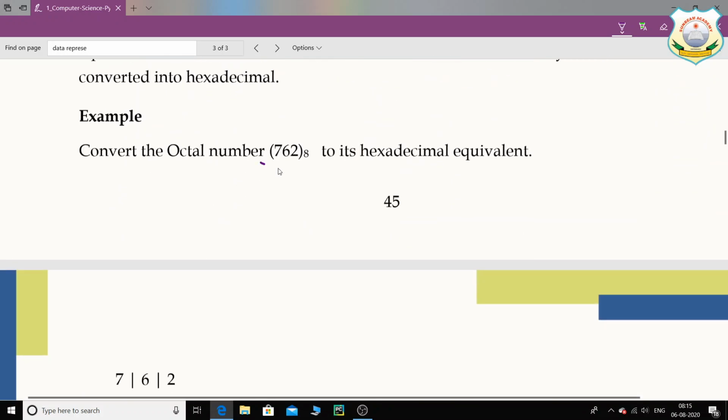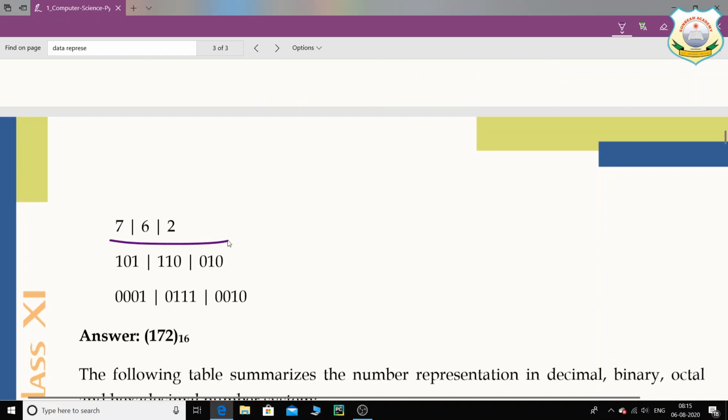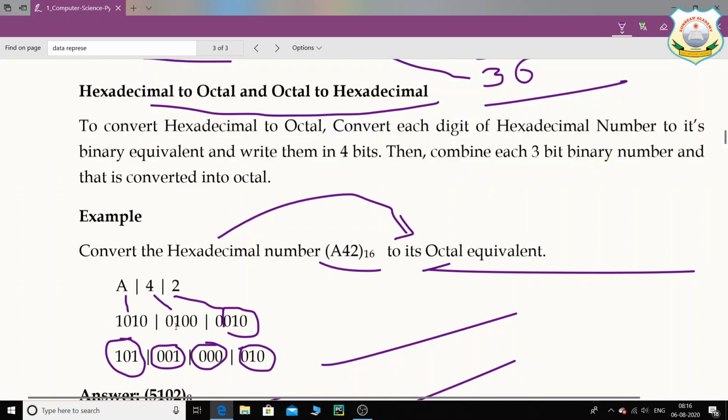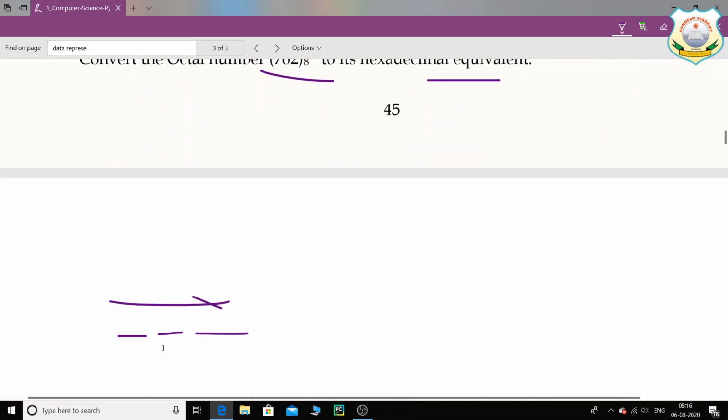And then you can see octal to hexadecimal also they have taken. So obviously this is an octal number, so convert into binary with groups of 3. That is how, see, we took hexadecimal into binary with groups of 4, because that's a hexadecimal number. And then we converted to groups of 3. But over here, this is octal.